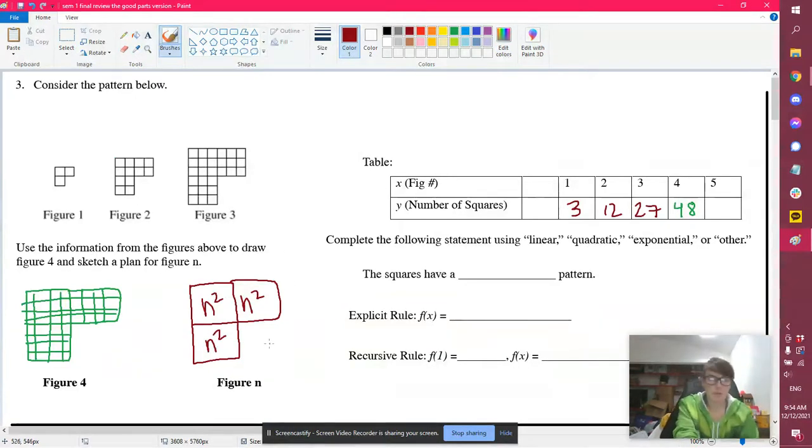If you were doing the other way I was talking about, you'd want to draw it as 2n, 2n, and an n. Right? As long as it's accurate, I'll give you the points, right?